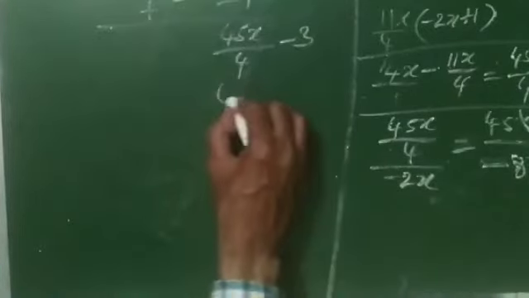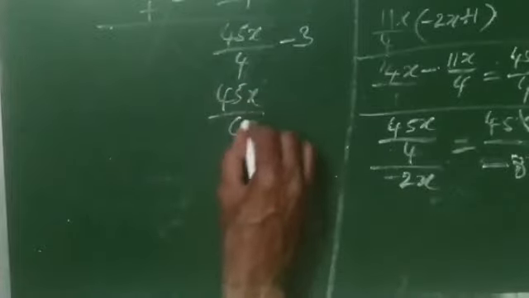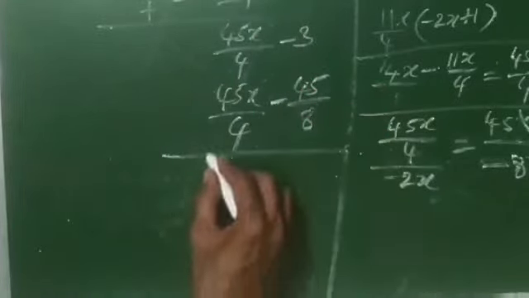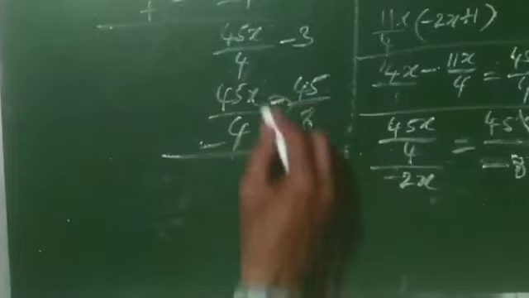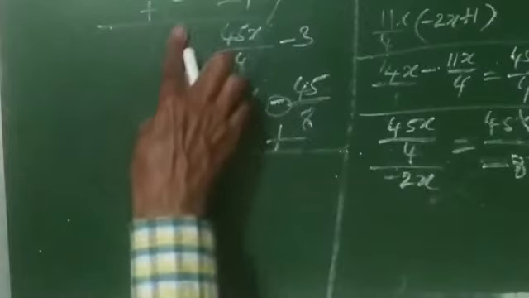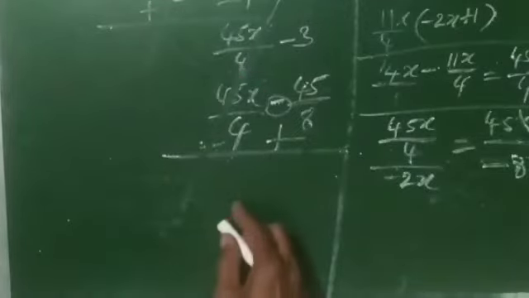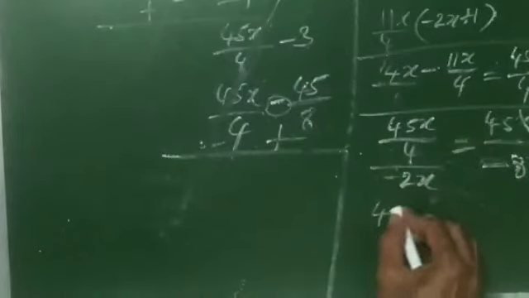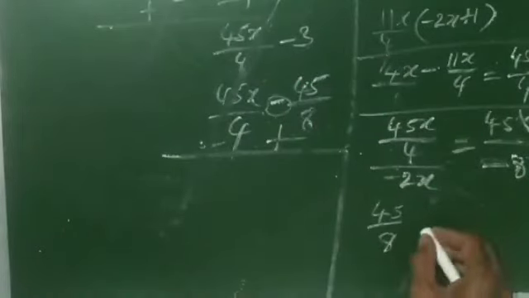So multiplication, 45x by 4, and then another multiplication I got minus 45 by 8. So 1 into 45 by 8, so it gets cancelled. Now the sum of the other term is 45 by 8 minus 3. What is the value of 45 by 8 minus 3?